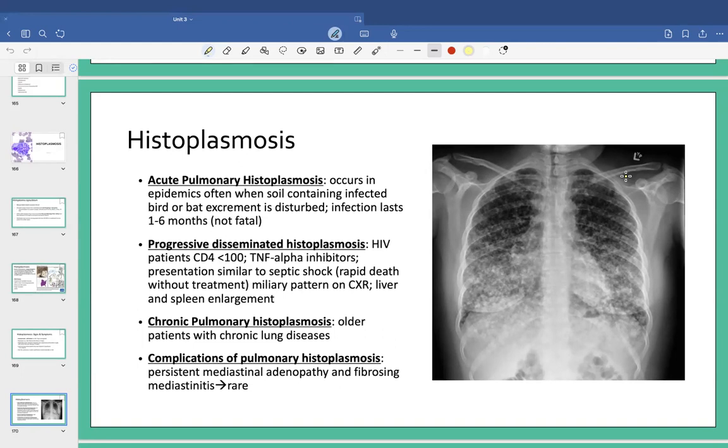The next form is progressive disseminated histoplasmosis. This is most common in patients with underlying HIV. And what you're going to learn on Thursday is that patients with HIV, once their CD4 count drops below 200, are considered to clinically have AIDS. So this is in HIV patients, AIDS patients with a CD4 count less than 100.